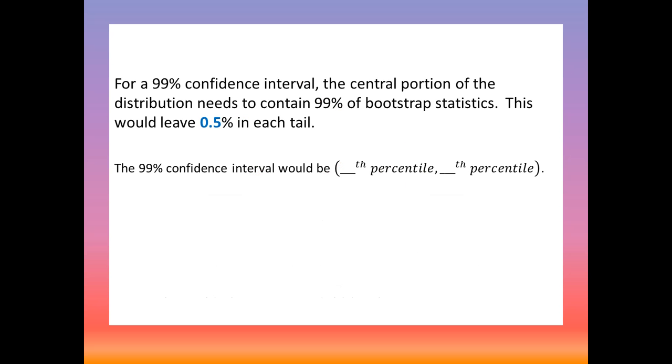And then what percentiles would those be? Well, a percentile is named by the percentage of data below it, which graphically would be to the left. So the lower bound on that central region would be the half percentile, because that's all that's there, just that left tail. The right bound would have 0.5% of the bootstrap statistics above it, but then if 0.5% are above, 99.5% are below. So it's the half percentile and the 99.5 percentile.